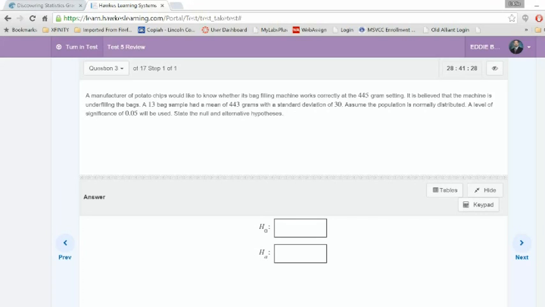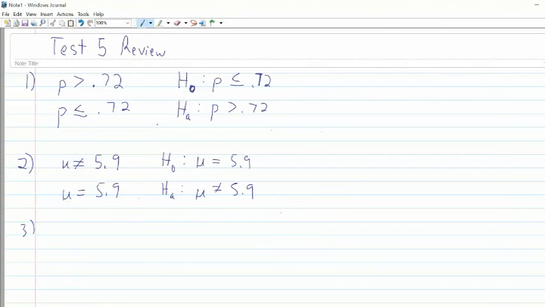So that would mean that the mean would be less than 445. Underfilling, so that would be less than. So on this one, the mean is less than 445. The opposite of that would be the mean is greater than or equal to 445.